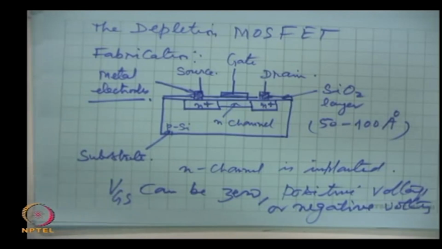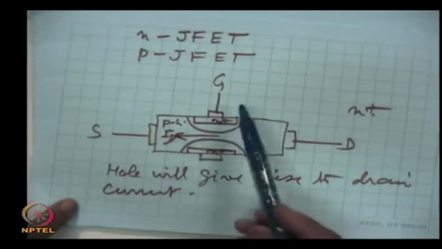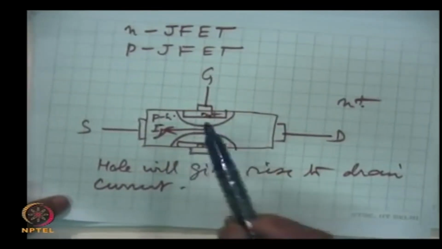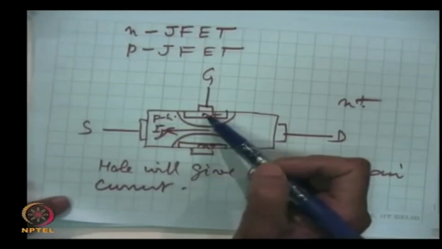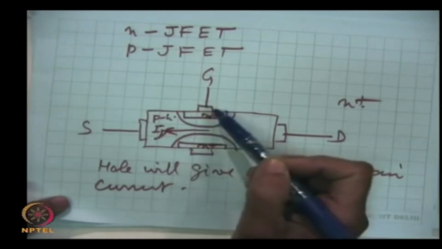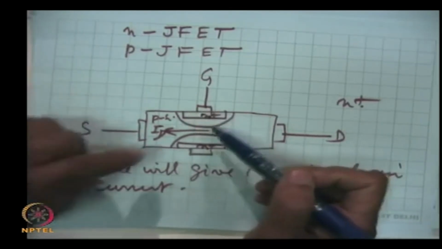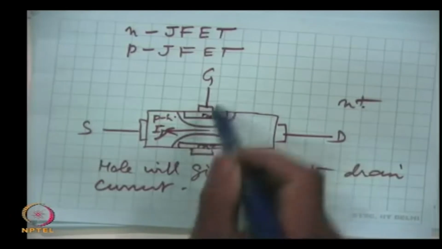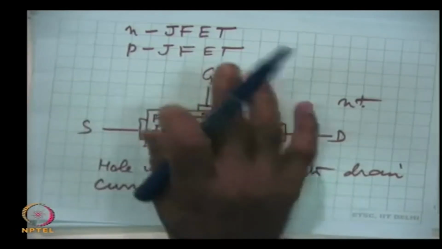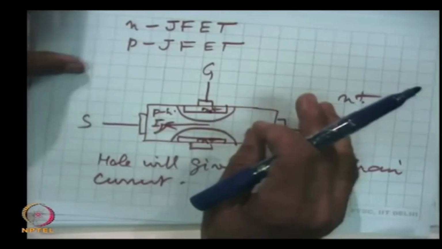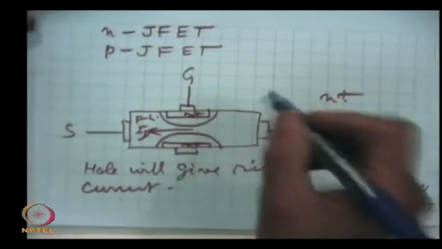Why do we not operate a junction field effect transistor with a positive gate voltage? This is of course P type, but it is all right. To forward bias it, we would have to give a positive potential, which will forward bias the PN junction, and a lot of current will flow. So that will not be operative. That is for the N type JFET.